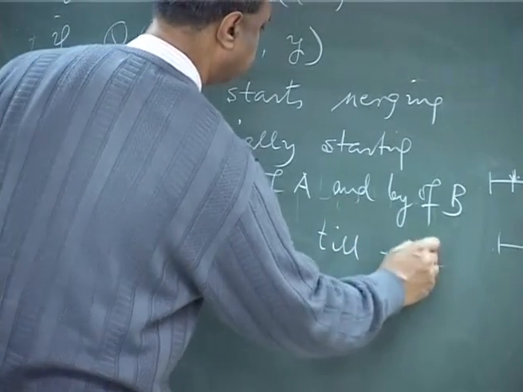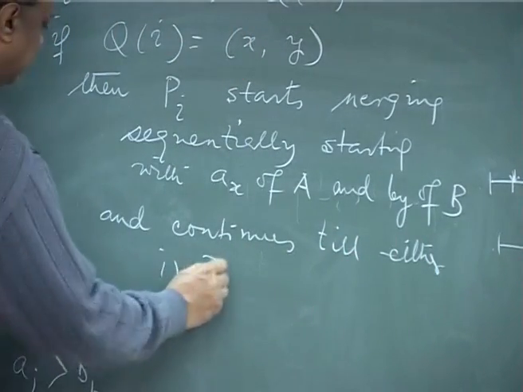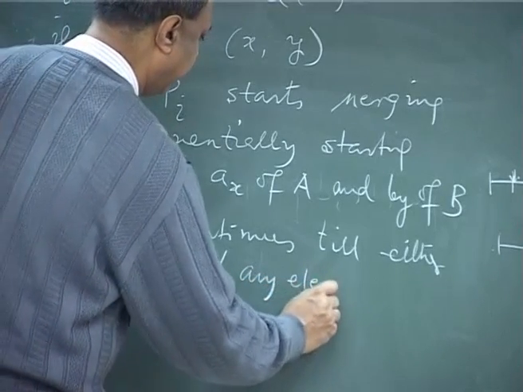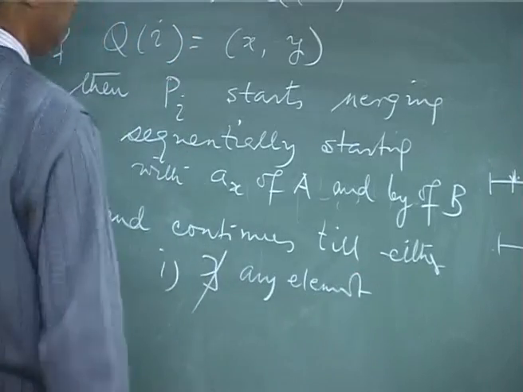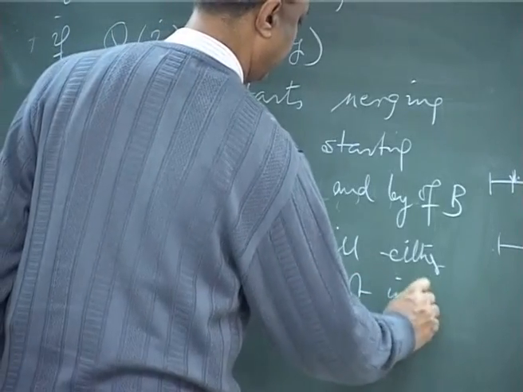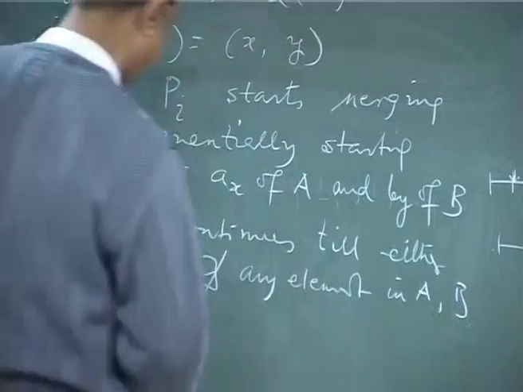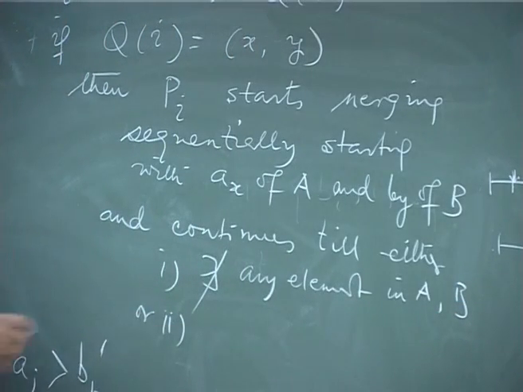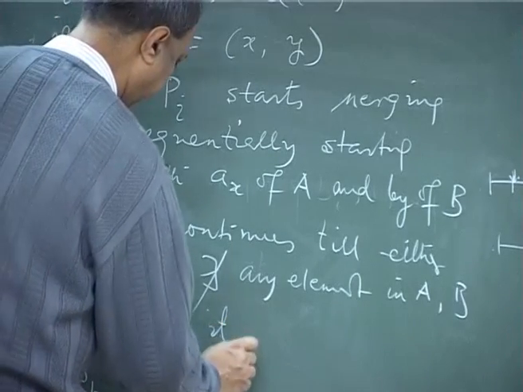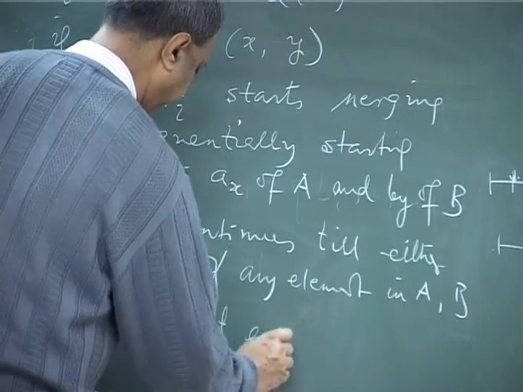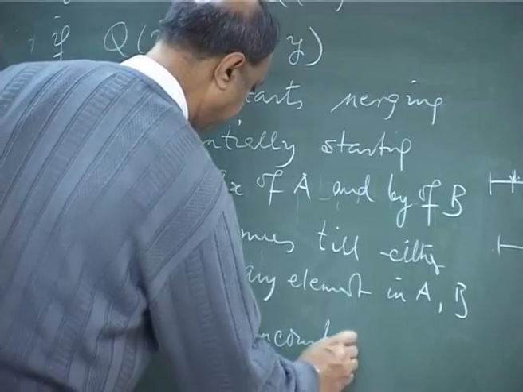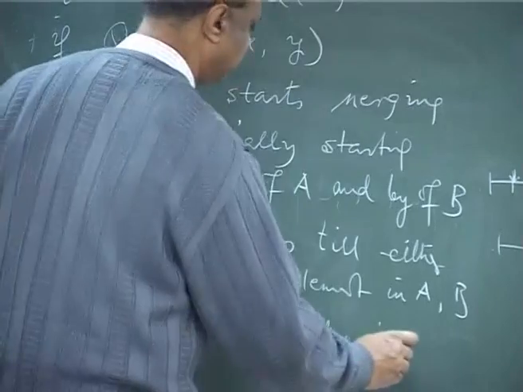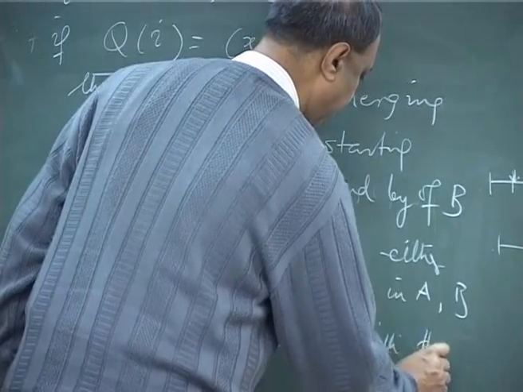either there does not exist any element in A and B, or it encounters the first element.